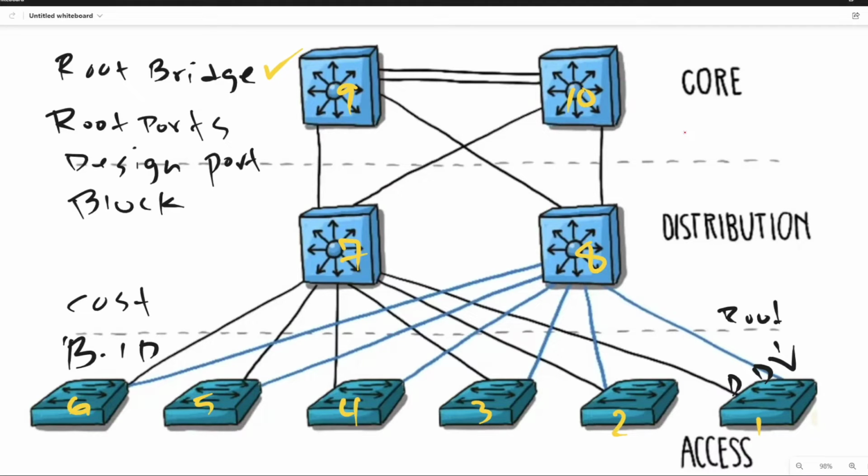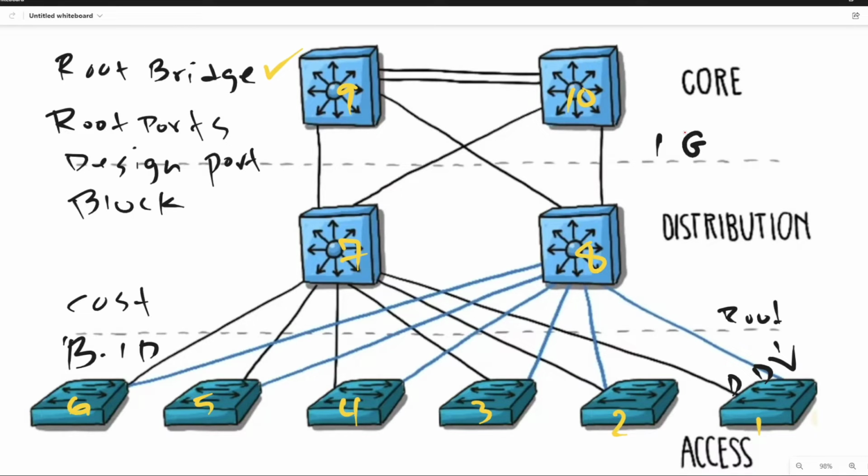Now the cost, what is the cost? What does that mean? Well, every single link has a cost attached to it. So let's say, for example, if we are running Fast Ethernet, 100 megabit per second, what we're talking about here is a cost of 19.